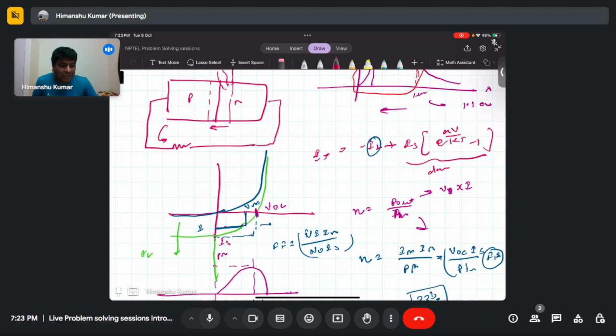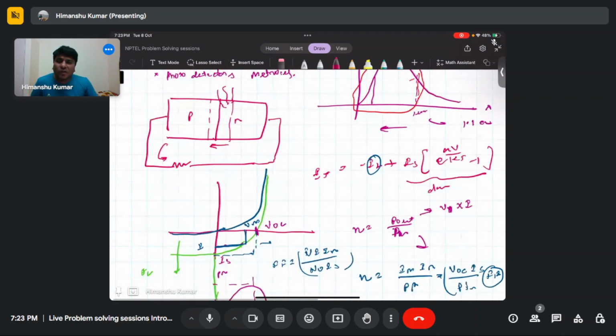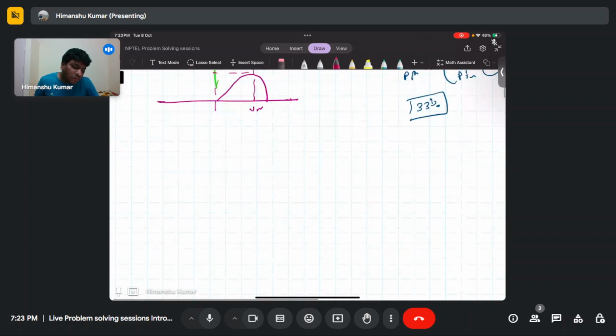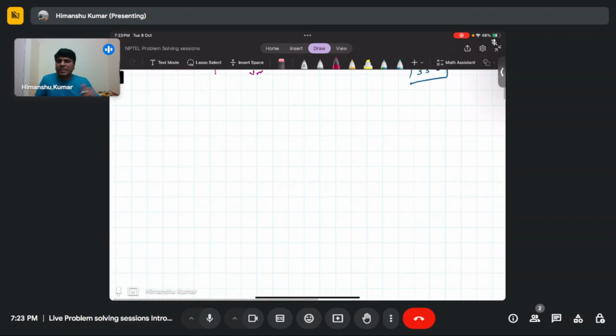In a photo detector, it should work on a particular wavelength or set of wavelengths. So you make the photo detectors, and there are some different types. The most basic are PN junction photo detectors.